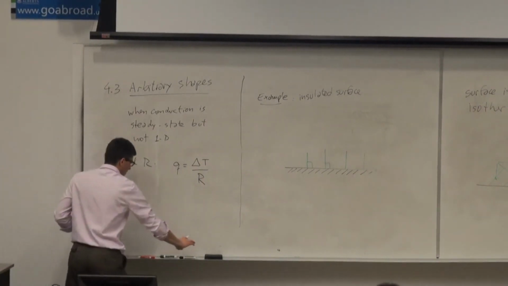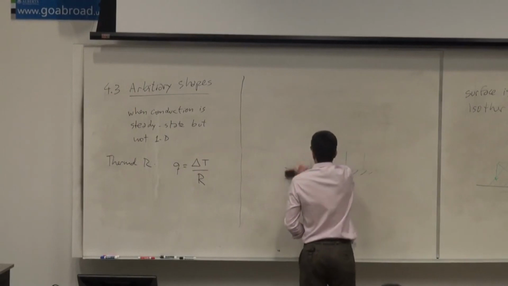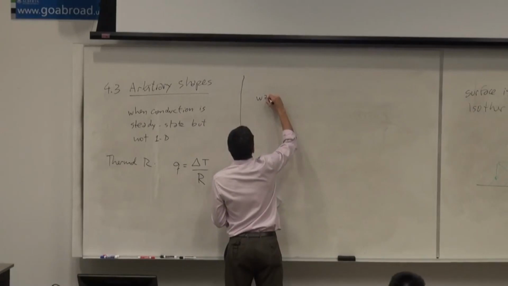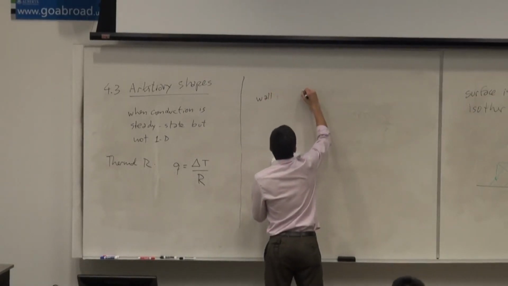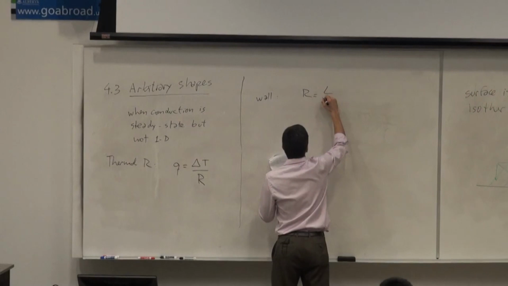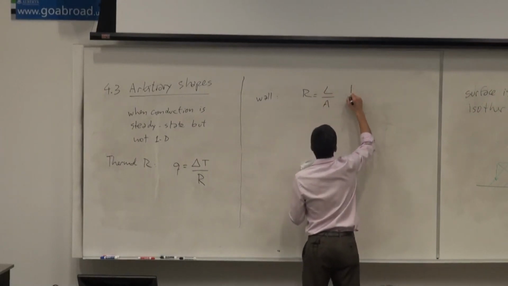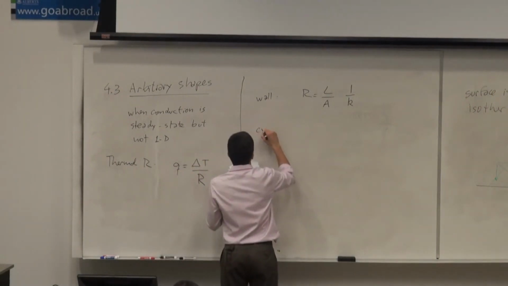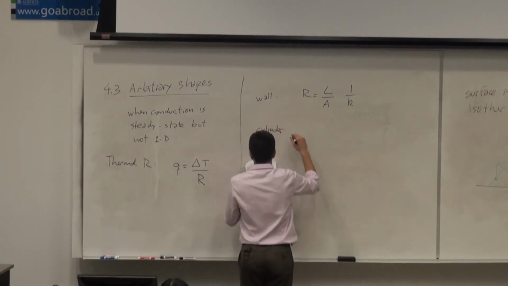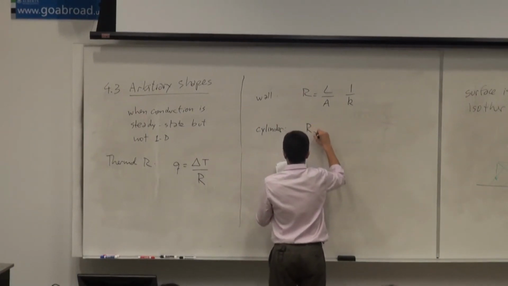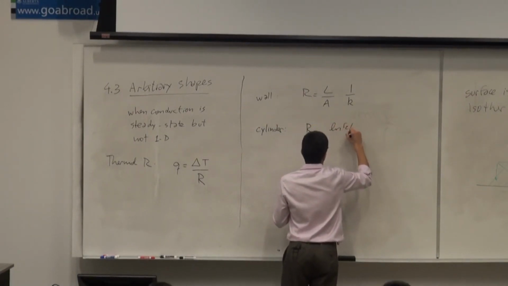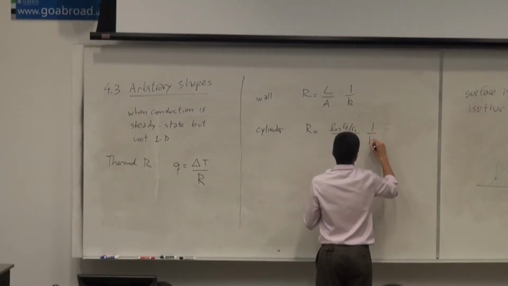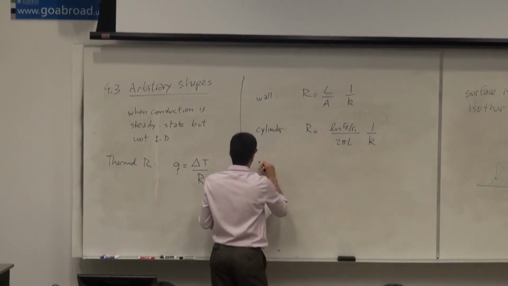For the case of a wall, for a plain wall, we have done that. For a wall, we have R was... for the case of a cylinder is... for a case of a sphere.